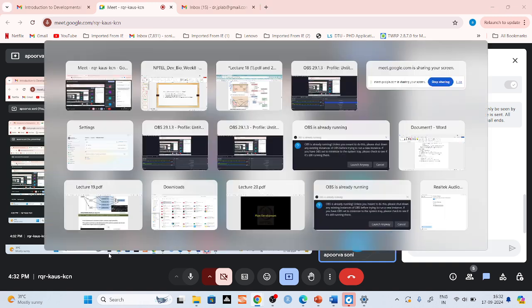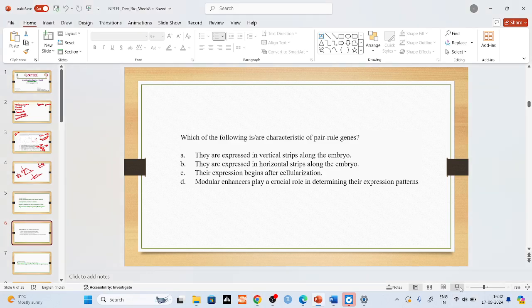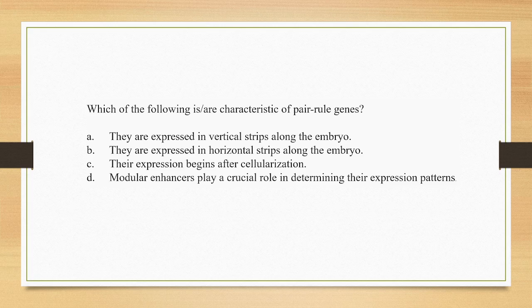Okay, fine. See, the question says, which of the following are the characteristics of pair rule genes? So, just a minute. What are pair rule genes, first of all? These are the zygotic genes, and they establish segments. Suppose this is your embryo.